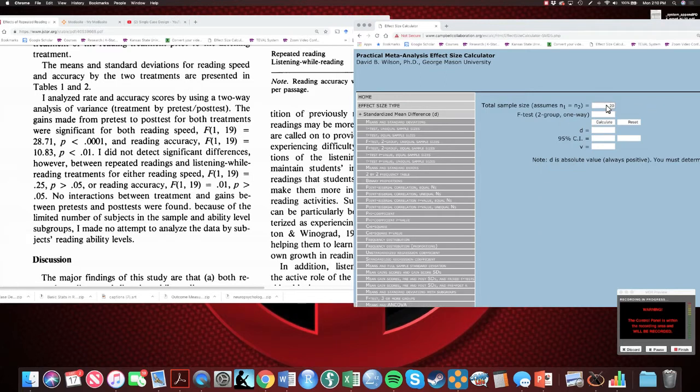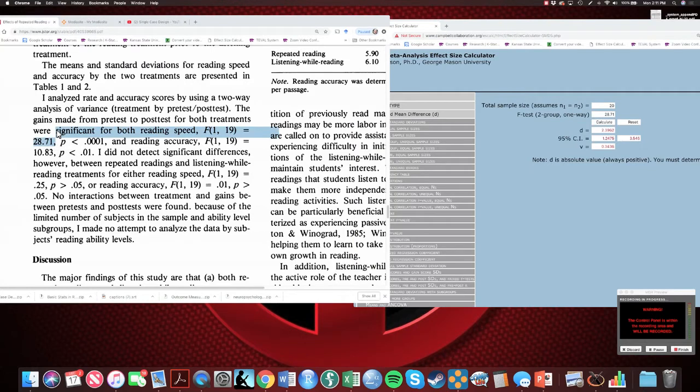So we do 20, and then our first F here is 28.71, and we can calculate, and then we actually see a big D value of 2.3962.